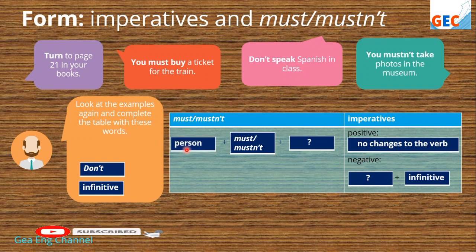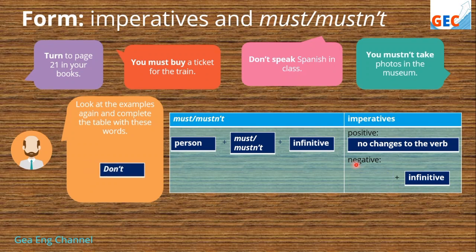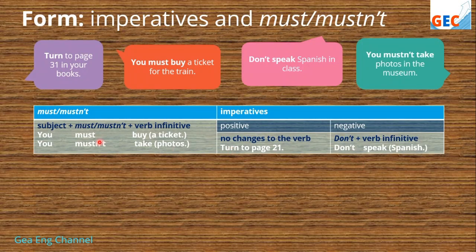So the person plus must or mustn't plus infinitive. For imperatives, for positive there is no change of the verb, but for negative we use don't plus infinitive. Okay, so for must or mustn't: subject plus must or mustn't plus verb infinitive.